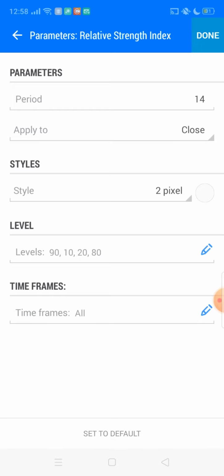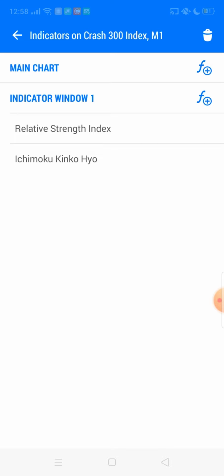Simply click done, and once you add that to your chart, this is for people that are really new into this, it automatically creates an indicator window 1 for you, and that's where you will be adding the next indicator, which is the Ichimoku.